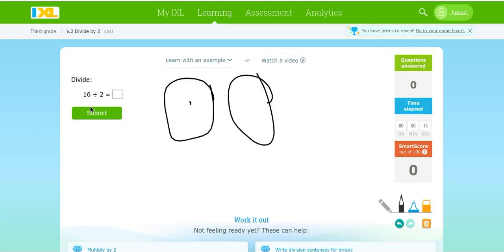We're gonna do 1, 2, 3, 4, 5, 6, 7, 8, 9, 10, 11, 12, 13, 14, 15, 16. You're gonna count how many are in that circle. 1, 2, 3, 4, 5, 6, 7, 8. You see that 8 is in that circle. So now you automatically know 16 divided by 2 equals 8.